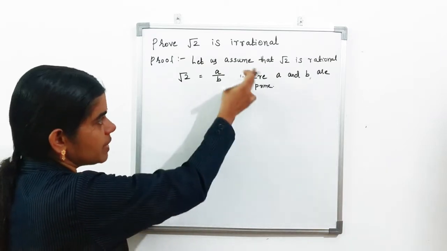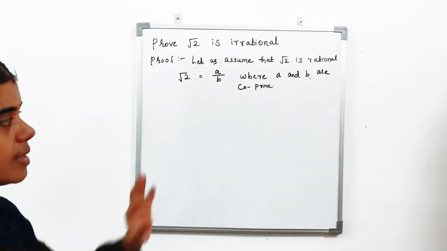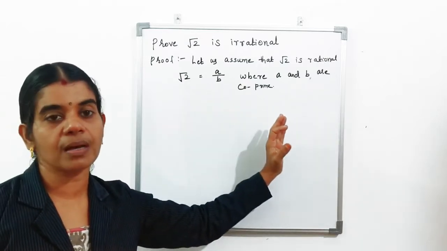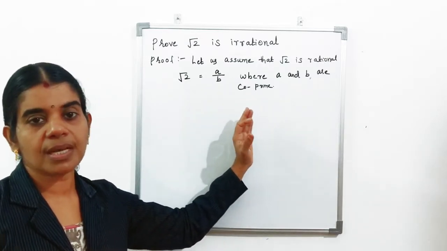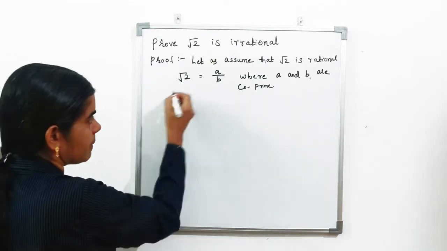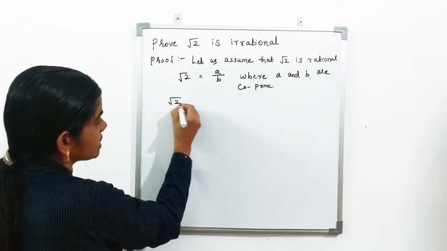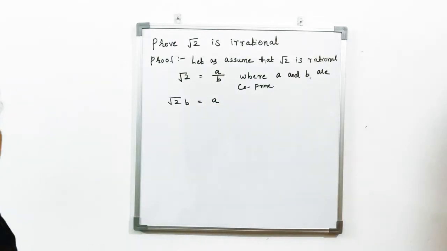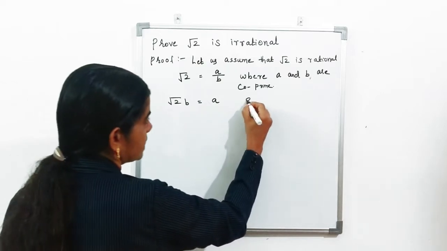Therefore, first we assume that root 2 is rational. Then we have written root 2 is equal to a by b, where a and b are co-prime, that means they have common factor 1 only. Then we cross multiply: root 2 b is equal to a. Then we square both sides.